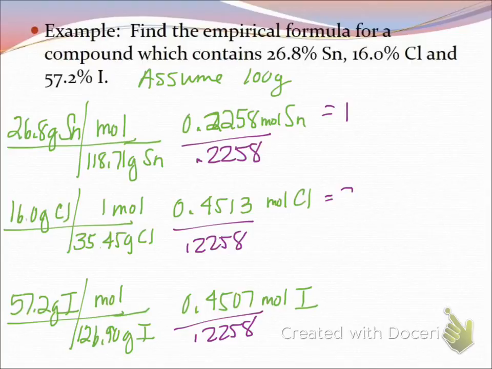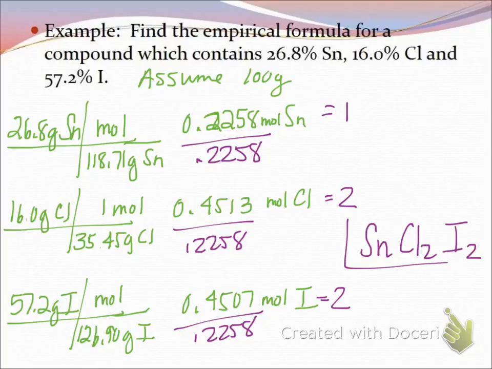That is 2. This one comes out to 1.996. That's also 2. So my formula is going to be SnCl2I2. Now this one, because there's a metal present, would not be a molecular formula. So that's going to be my formula for this compound.